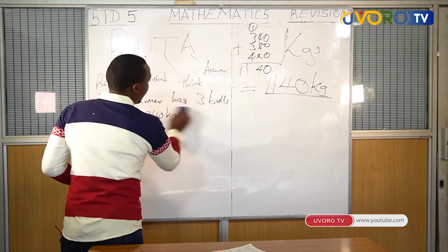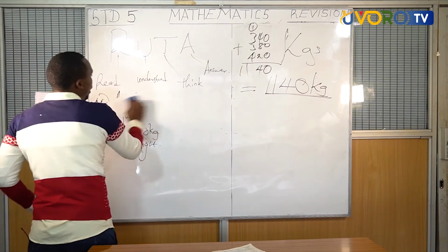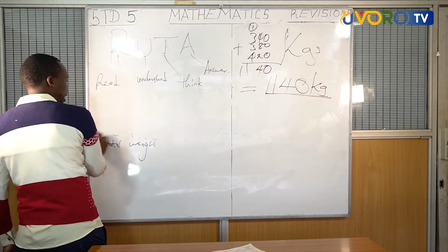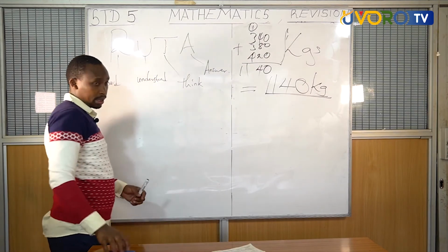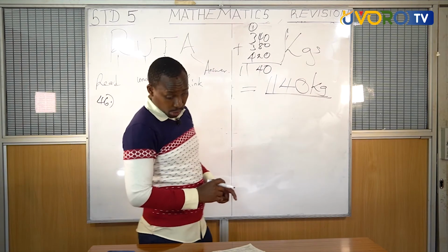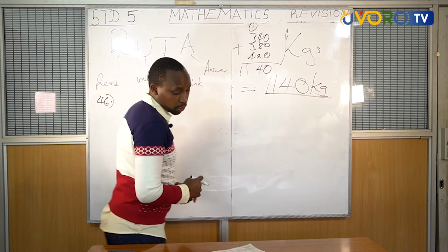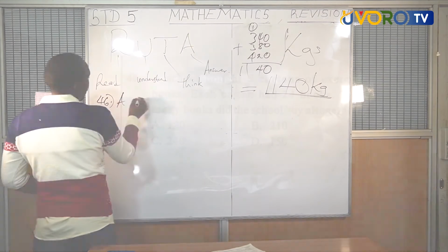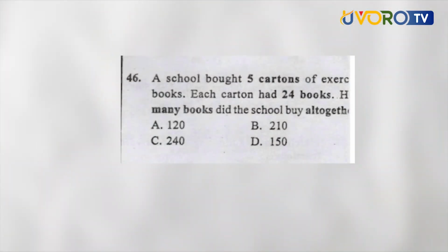Question number 46, that is where we are. You are told a school bought 5 cartons of exercise books. A school bought how many cartons? 5 cartons of exercise books.